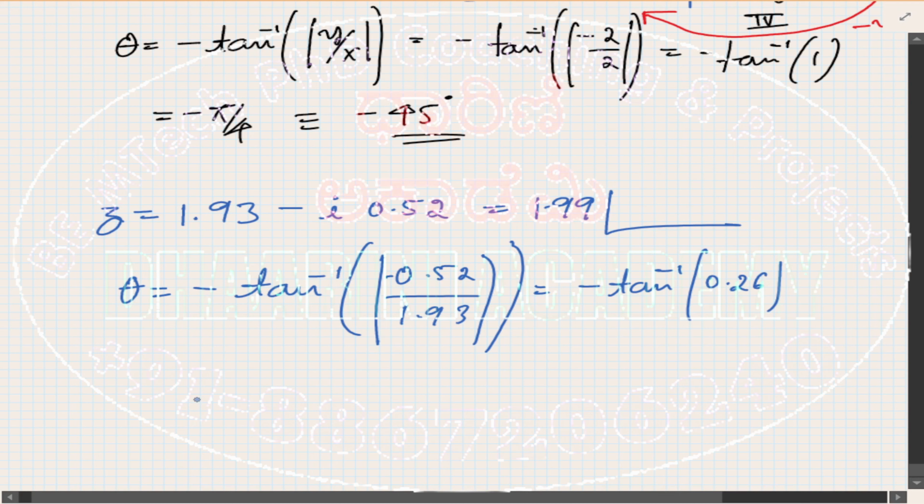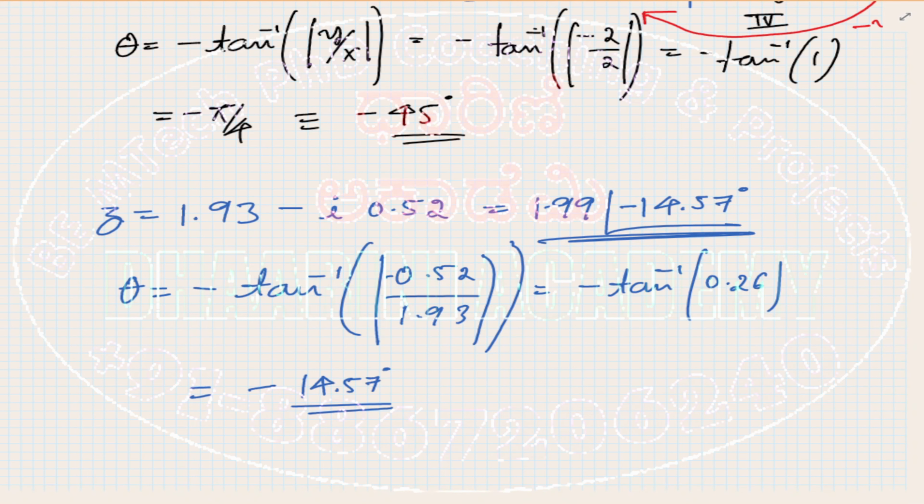I don't have another method, I have to use a calculator. So you use a calculator to get this value. This comes to be minus 14.57 degrees. So the answer is minus 14.57 in degrees. Anyway, we can convert it to radians by multiplying by pi by 180. This is the answer.